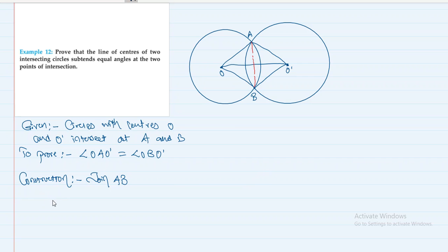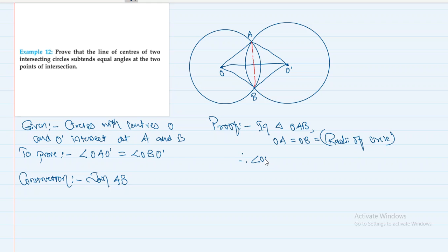Okay. Now the proof. Now proof is not too lengthy over here. In triangle OAB, OA is equal to OB, radii of circle, right?